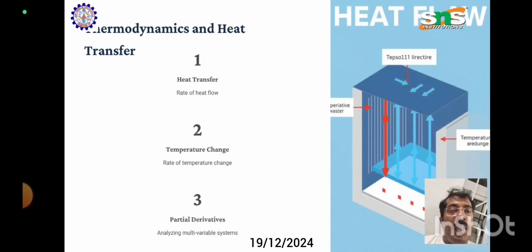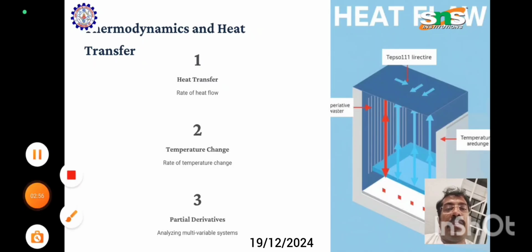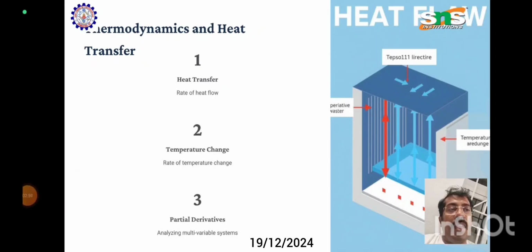So lots and lots of things can be worked out, and we can do computational work with mathematical tools with the importance of differential calculus. So as a researcher, it is important to understand how the transfer happens, what kind of fluid is flowing, whether it is a compressible or incompressible fluid, the properties of the fluids, before moving into the problem.